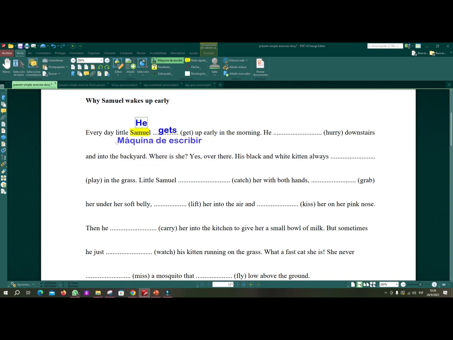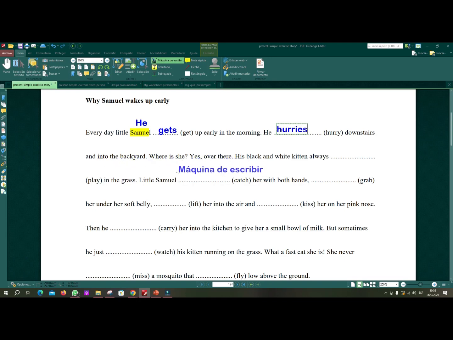So, every day, little Samuel gets up early in the morning. He, here you have the verb, hurry. Tenemos consonante Y, por lo tanto vamos a hacer el cambio, ¿verdad? A I y agregarle ES. He hurries downstairs and into the backyard.